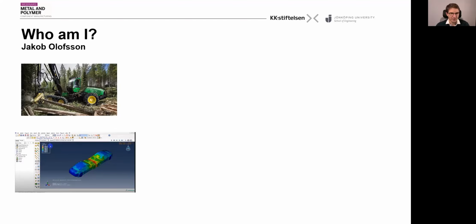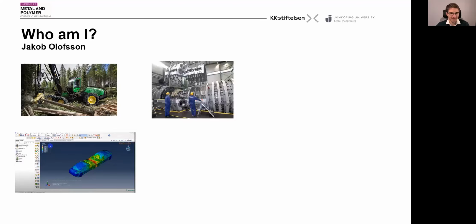My first real job was as a design engineer of industrial gas turbines, working with development and design. As a design engineer, it's crucial that you also understand the material behavior, so I got really interested in this.